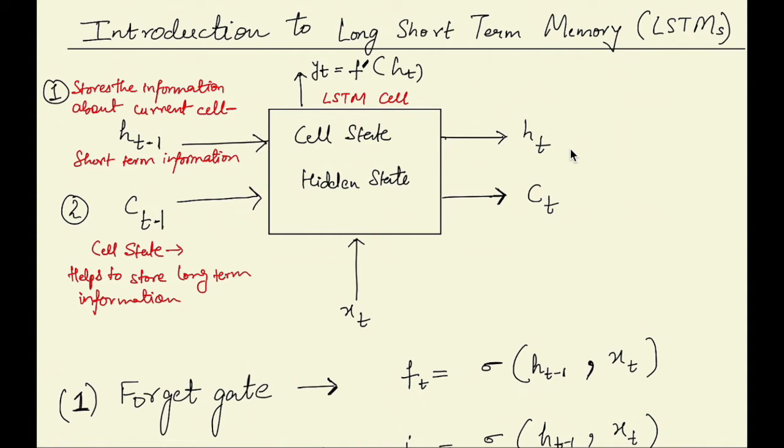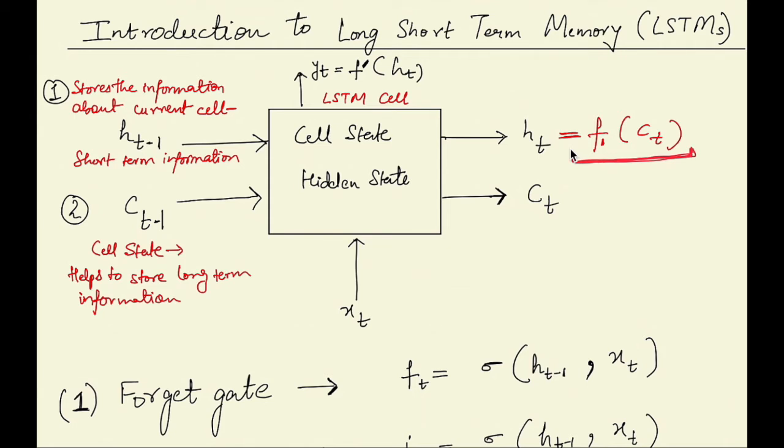So in other words, what I'm trying to say is that this ht is nothing but some function, let's say f1, of this long-term state ct. So basically some information of this long-term state ct would become part of ht, and we'll look into the details soon.